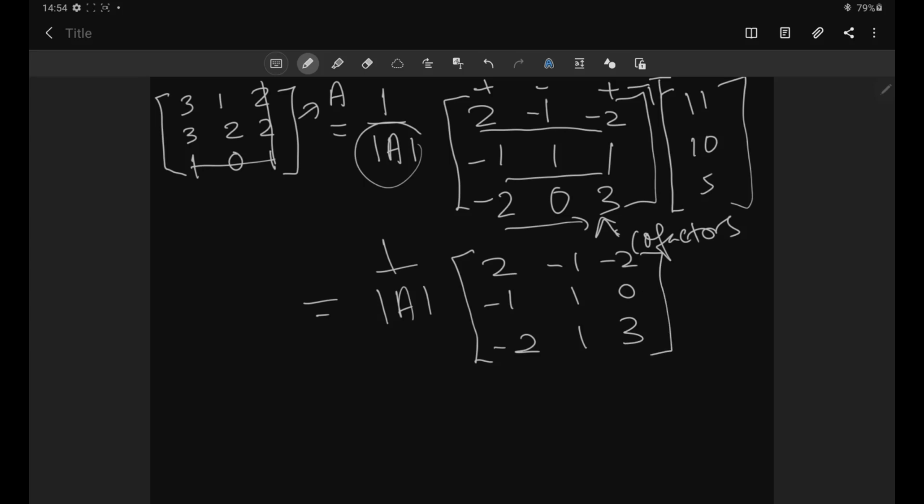Okay. To get the determinant of A, from here, 3 times, cancel out, 2, 2, 0, 1, minus, we use the first row, 1, cancel out here, 3, 1, cancel out here, 3, 2, 1, 1.